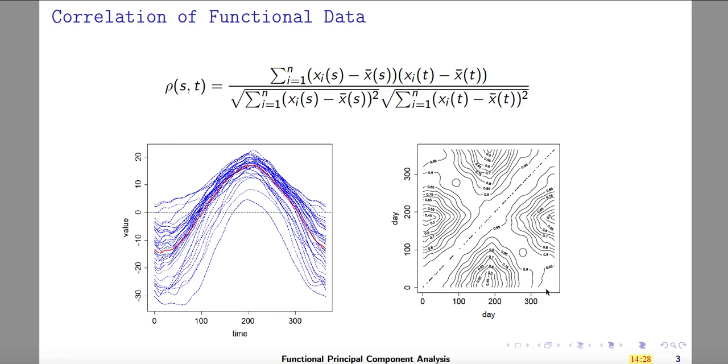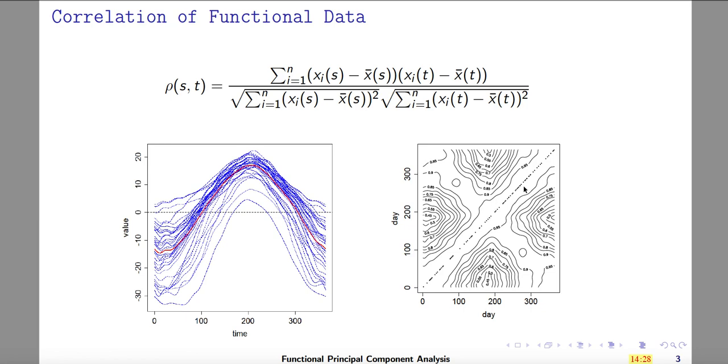The x-axis is the t time point, and the y-axis is the s time point. Not surprisingly, on the diagonal, it is the correlation at the same time, so the correlation equals 1.